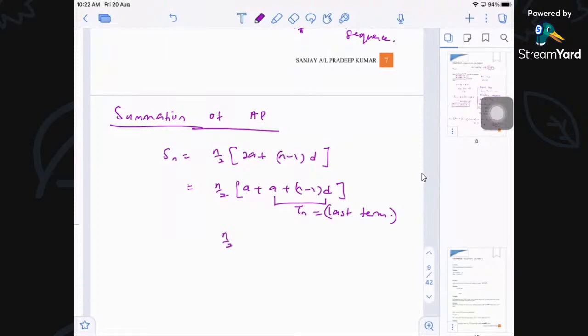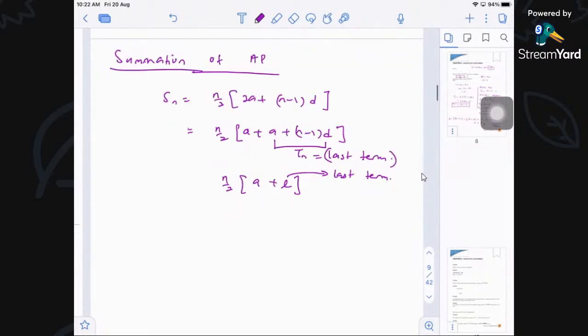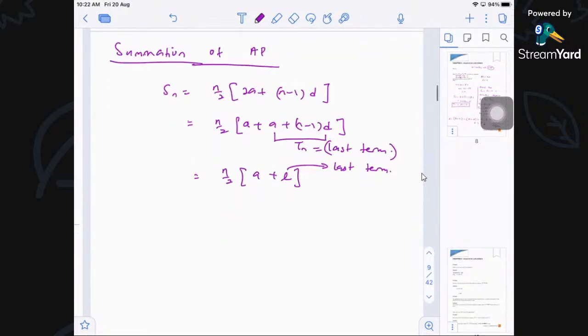So this can be written as n over 2 times (a plus l), where l is the last term. So these are the two formulas which are very important for Sn. One is this, and another Sn formula which is quite important is this.